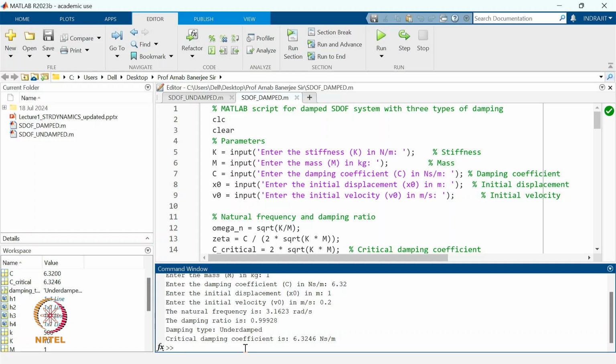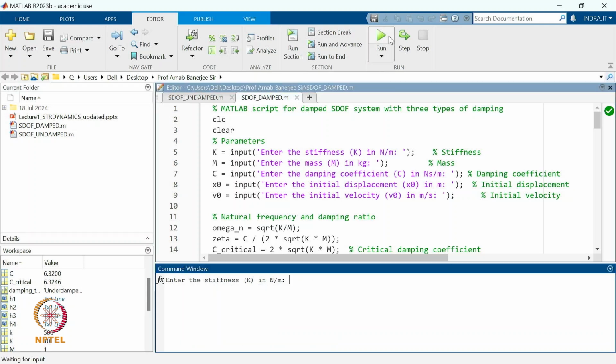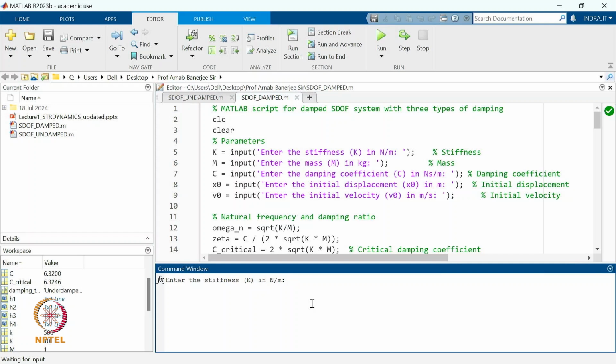Sir, for exactly we have to put C critical as it is. I can put something like square root of k by m. That also works, yeah. So for this one, maybe I can just do it.